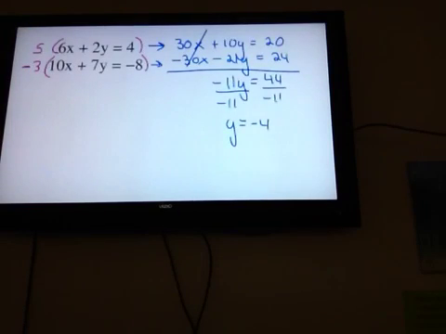So I'm going to look for my x value now by plugging that in. I'm just going to go to the bottom there. It really doesn't matter though. You really have 4 different places to go. So I have 10x plus 7 times negative 4 equals negative 8.